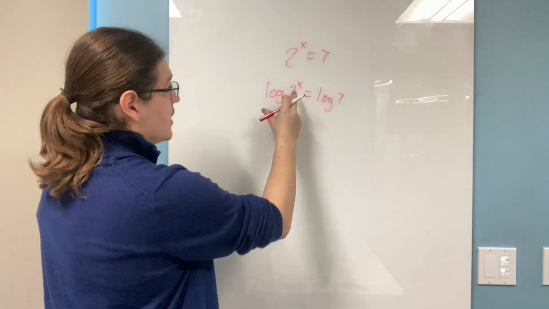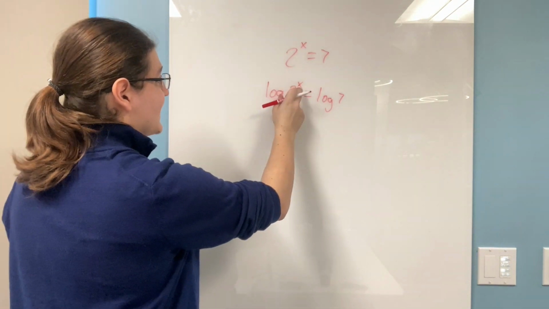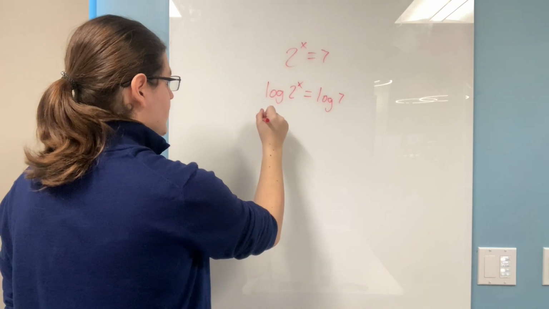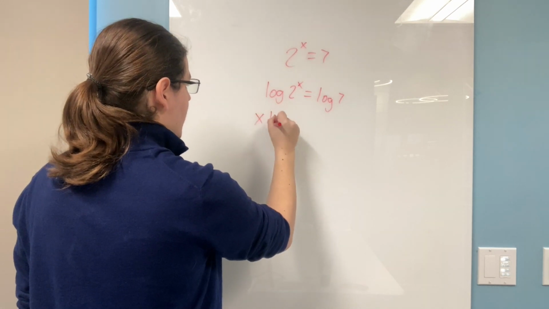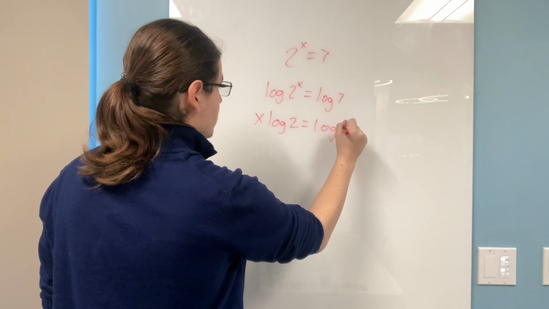Now using the power rule that I showed last video, we can take the x out of our log. So this is the same thing as having x times the log of 2 is equal to the log of 7.